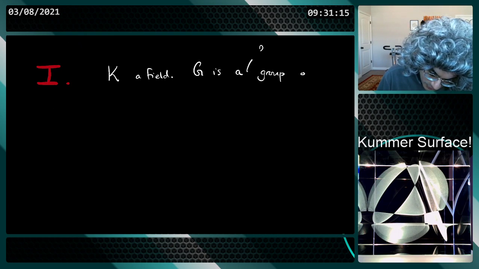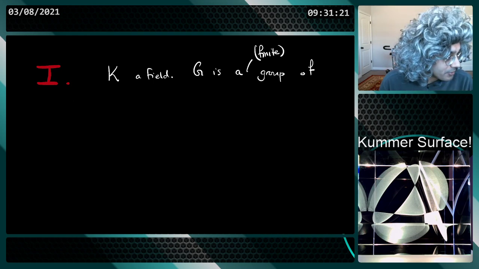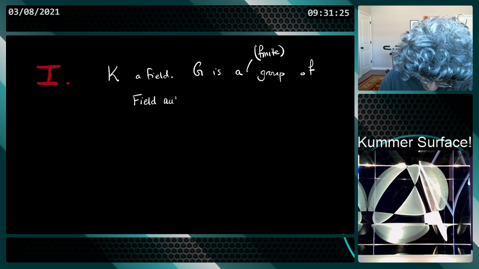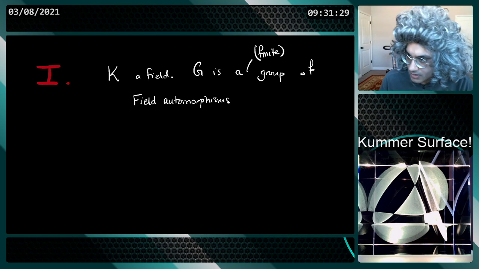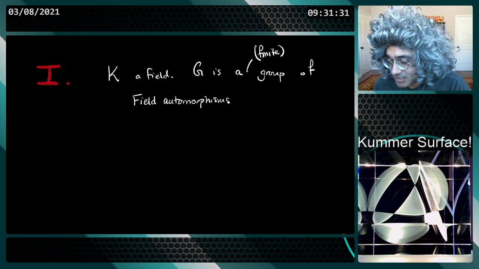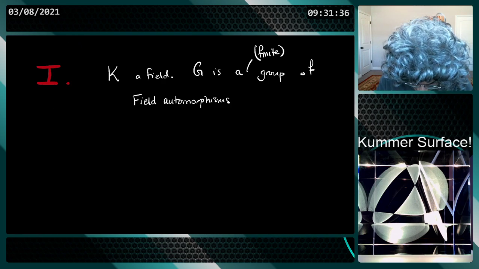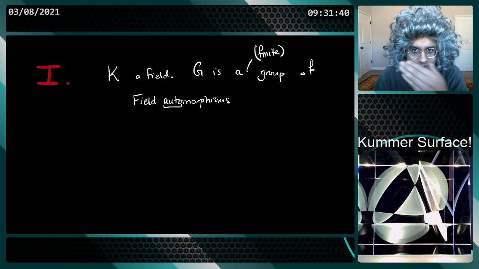It's a finite group of field automorphisms of K. Remember, Kappa, when we say automorphisms, it means self maps, isomorphisms of the field into itself.